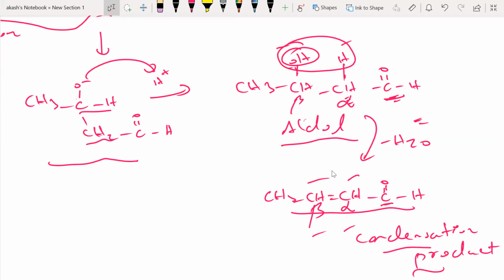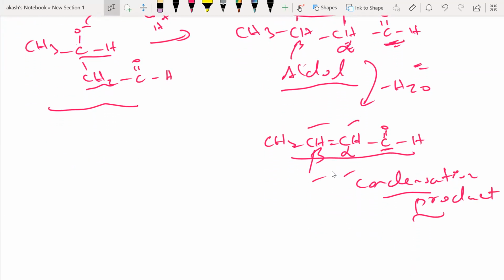So the last equation is CH3, CH double bond CH, C double bond O, H. So before that, the beta carbon, this is CH3.